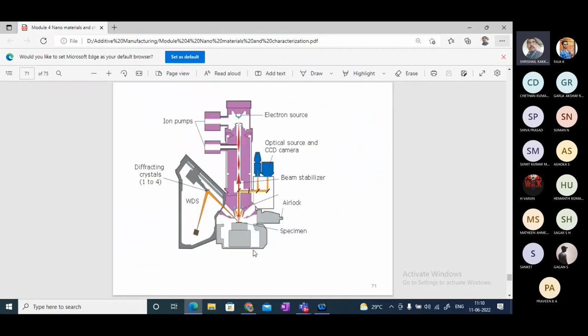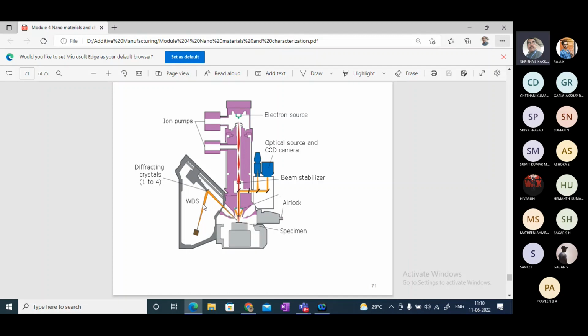And how it works: the electron source emits electrons from the cathode, they are attracted by the anode, and a series of lenses, condenser glasses and collimators are used to direct and redirect the electrons.